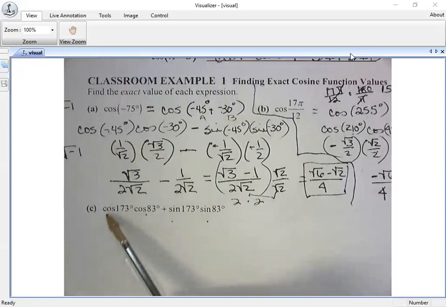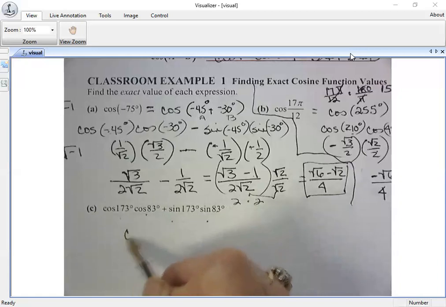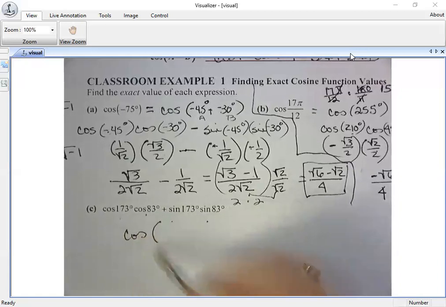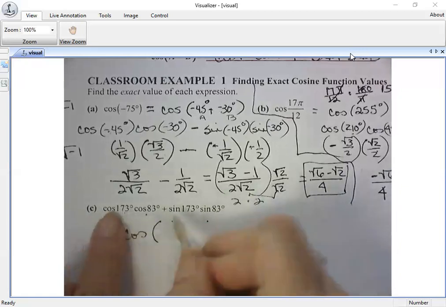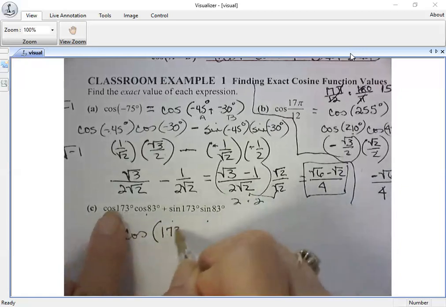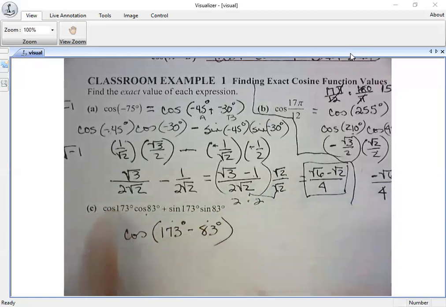And first of all, since it's cosine times cosine first and sine times sine second, that does mean it's got to be the cosine of something. Now, is it going to be something that's added or something that's subtracted? Subtracted. So if I put 173 and I subtract 83, how much is 173 minus 83?